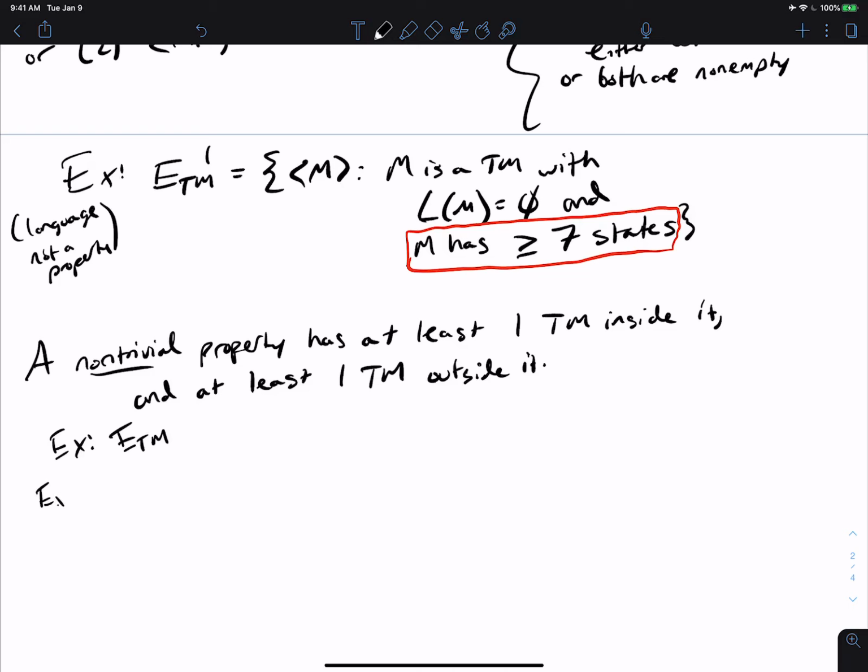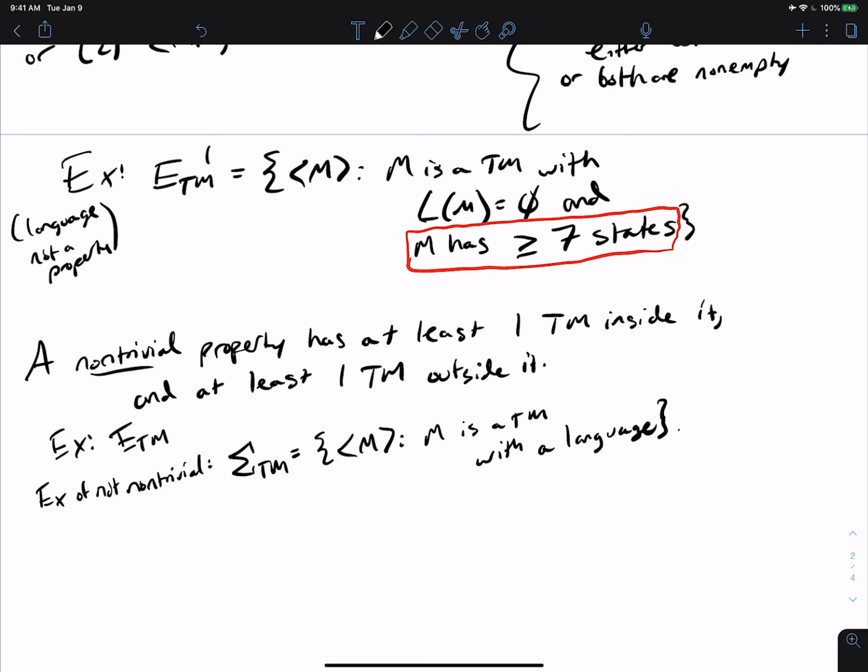An example of something not non-trivial is, I'm going to call it sigma TM, I just made that up, which is all the Turing machines. So M is a Turing machine with a language.